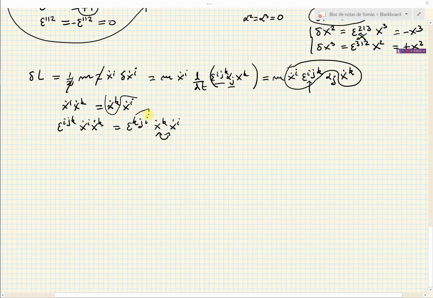But here I interchange these two indices and I get a sign, so I get a minus epsilon I j k and then x dot I x dot k. So this is equal to minus itself, so it means that it's equal to 0, and this means that this is equal to 0. So delta L is 0 for all these alphas.